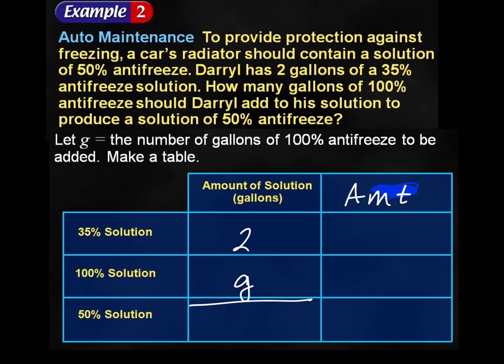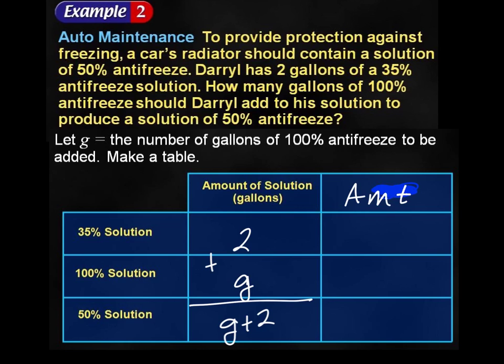We have 2 gallons of the 35%, and we're adding G gallons of the 100%, so our total of 50% is going to be G plus 2 or 2 plus G, whatever floats your boat.